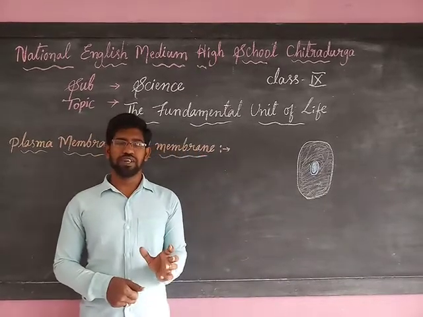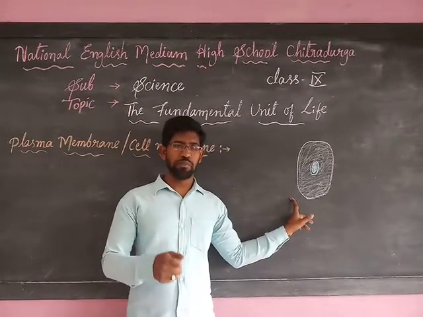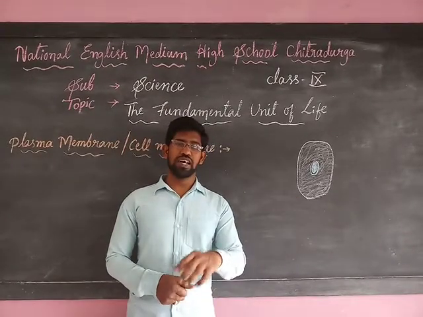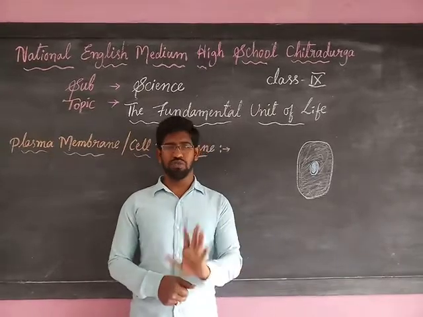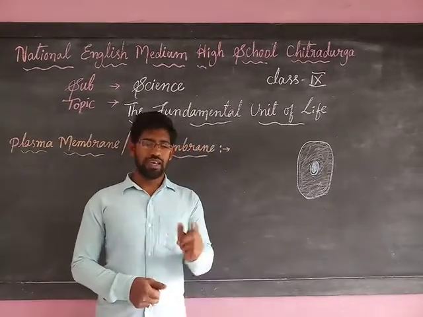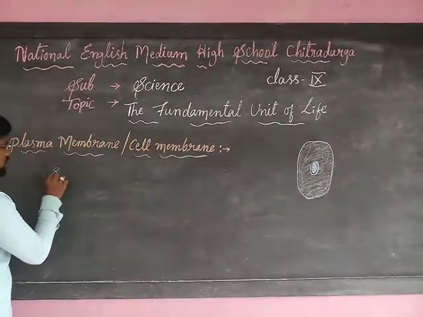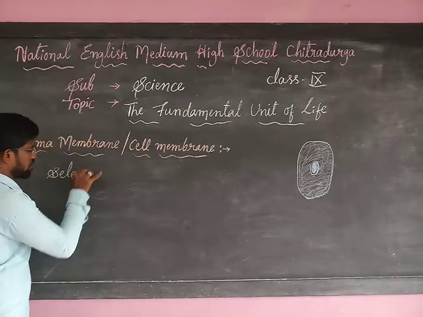Such materials the cell membrane will not allow. Remember, some of the important materials are allowed to get inside and go outside of the body, but some of the materials will not be allowed. Hence, this membrane is also called a selectively permeable membrane.